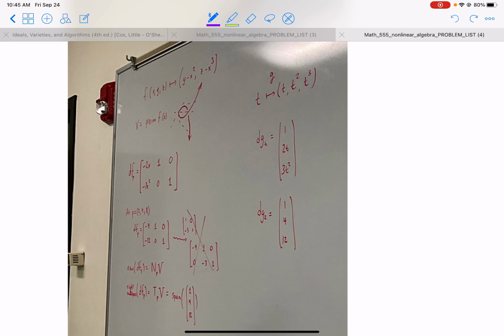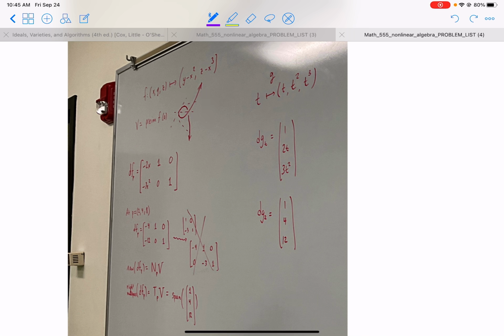And the two-dimensional subspace of vectors orthogonal to this vector is the normal space. In my picture of this curve, I'm at a point on this curve, and the normal space is a plane. And the tangent space is the tangent line to that curve. Yeah, I think you can see.